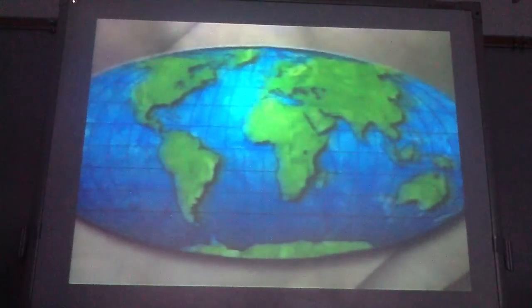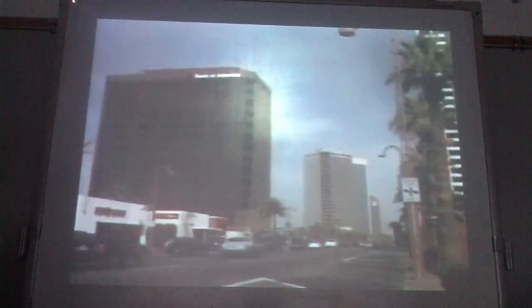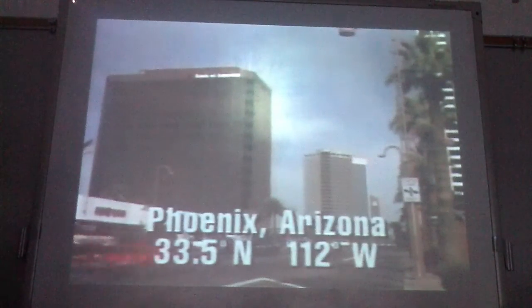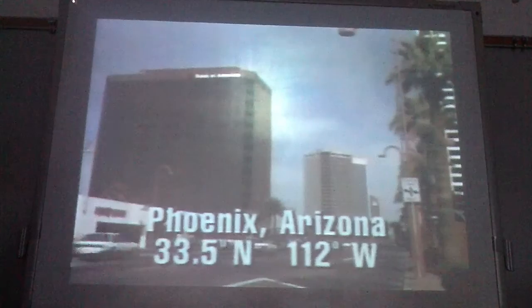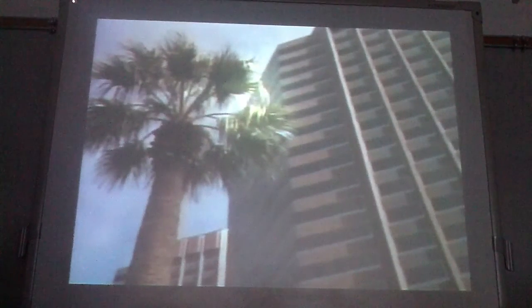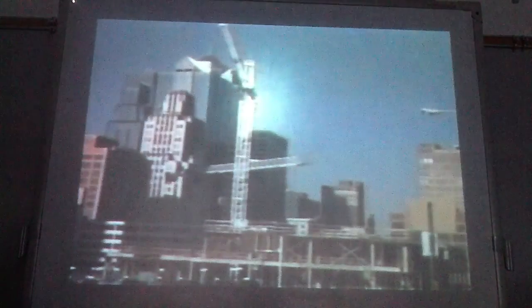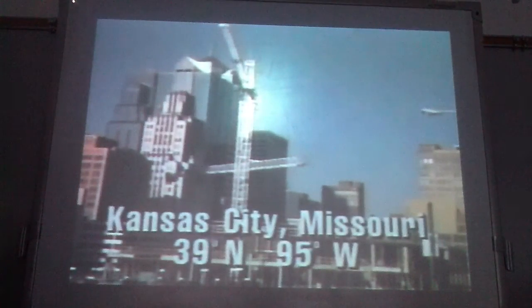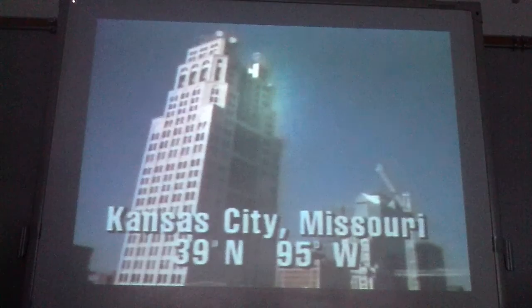Using the geographic grid, let's see how this address is expressed in degrees of latitude and longitude. For example, Phoenix, Arizona is 33.5 degrees north latitude and 112 degrees west longitude. Kansas City, Missouri is 39 degrees north latitude and 95 degrees west longitude.